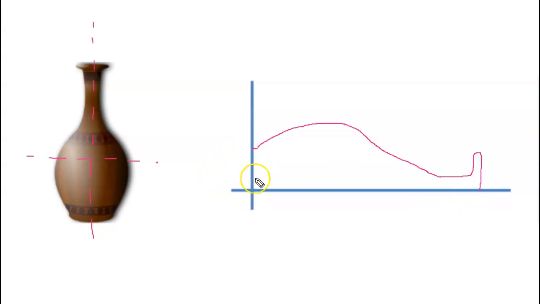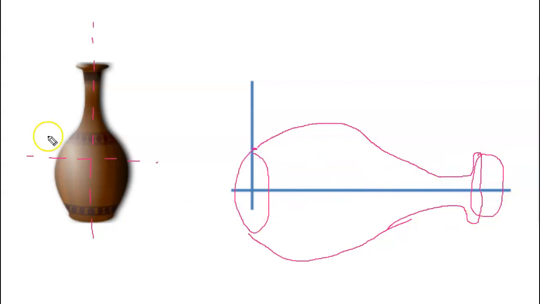And then if we were to reflect that to the other side, you would see a very similar shape as it's spinning. And remember, we get the circle at the top and the circle at the bottom, and that's going to very much give us our vase-like shape.